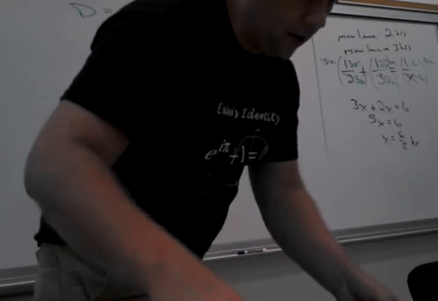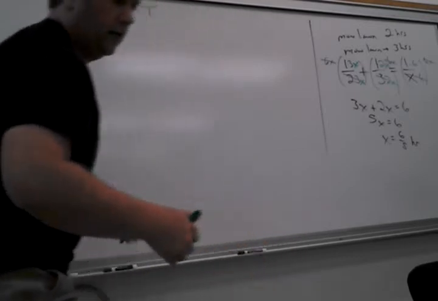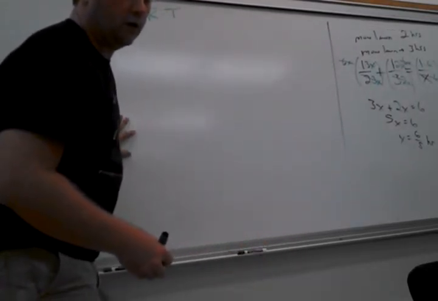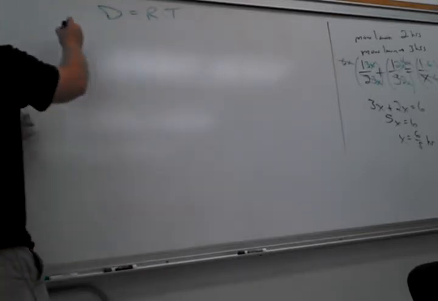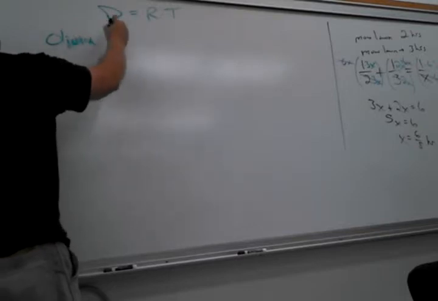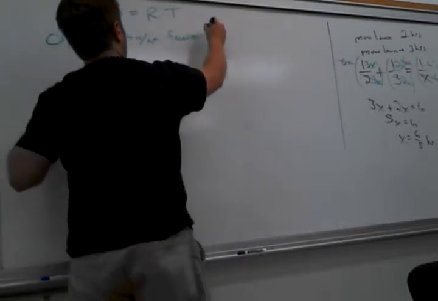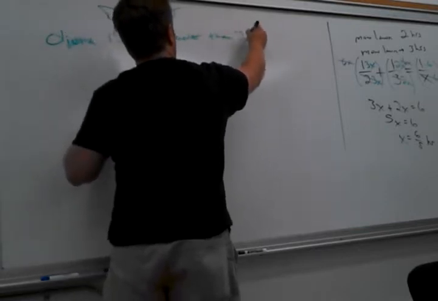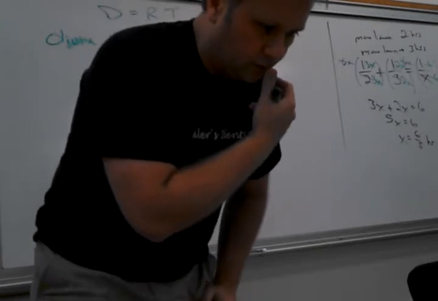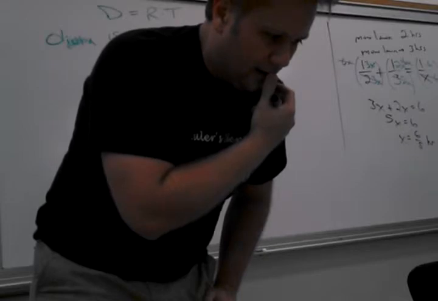Okay, here we go. Here's example 3. On her road bike, Olivia bikes 15 kilometers an hour faster than Jason on his mountain bike. So Olivia, 15 kilometers per hour faster than Jason.